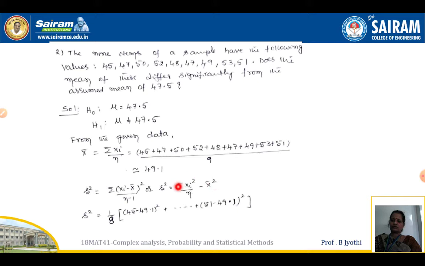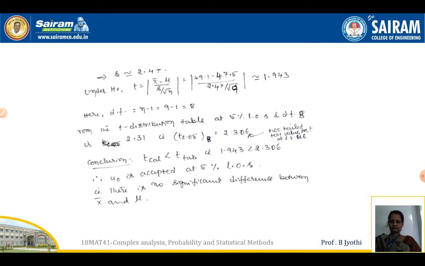So this can be done like this: 1 by 8 into (45 minus 49.1) whole square plus (47 minus 49.1) whole square, etc. The last value, that is (51 minus 49.1) whole square. This is the s square calculation. So after calculating and taking the root of it, we will be getting 2.4.